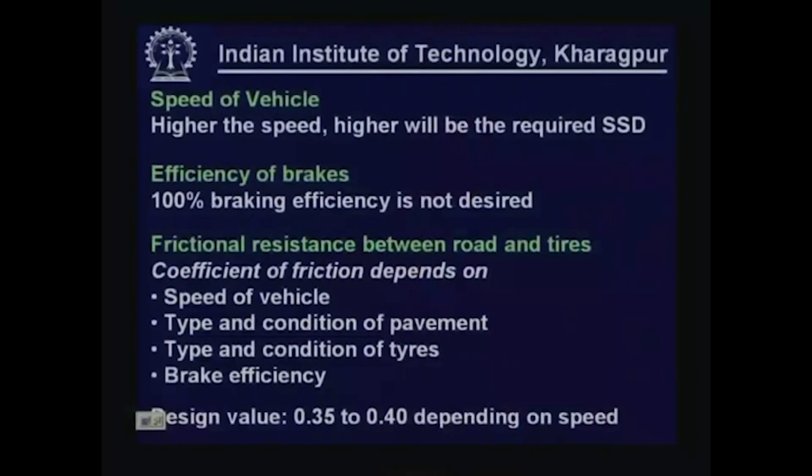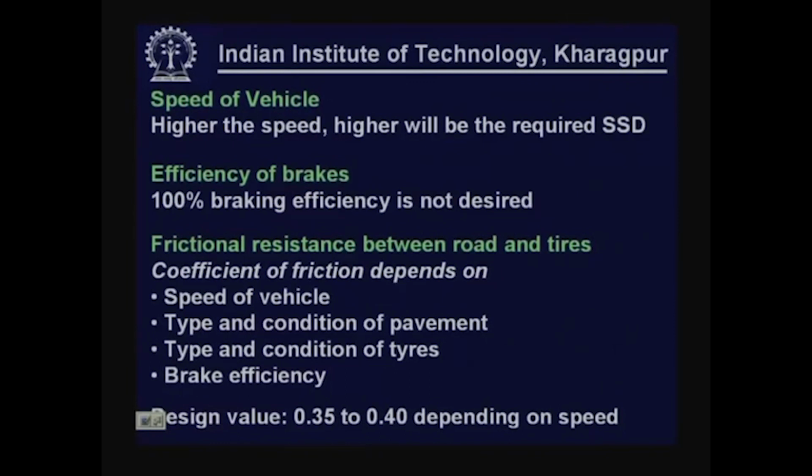It depends on the frictional resistance between road and tires. The coefficient of friction depends on the speed of the vehicle. The higher the speed, the lesser the value of the coefficient of friction. It also depends on the type and condition of pavement.